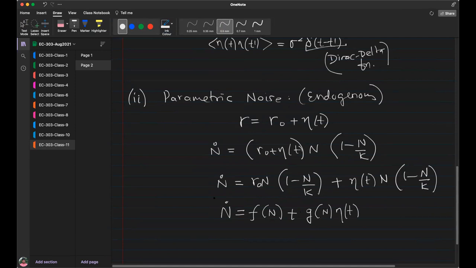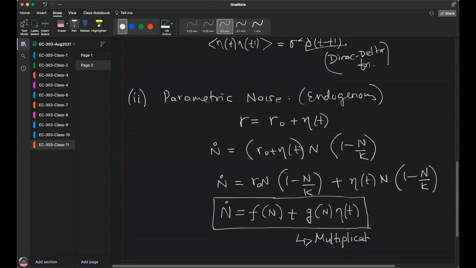So this is a more general way in which the noise can be added, and this is called a multiplicative noise model.